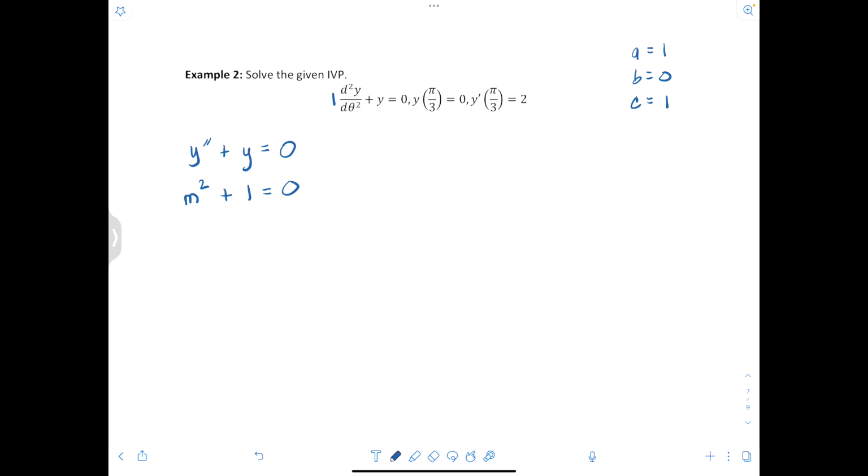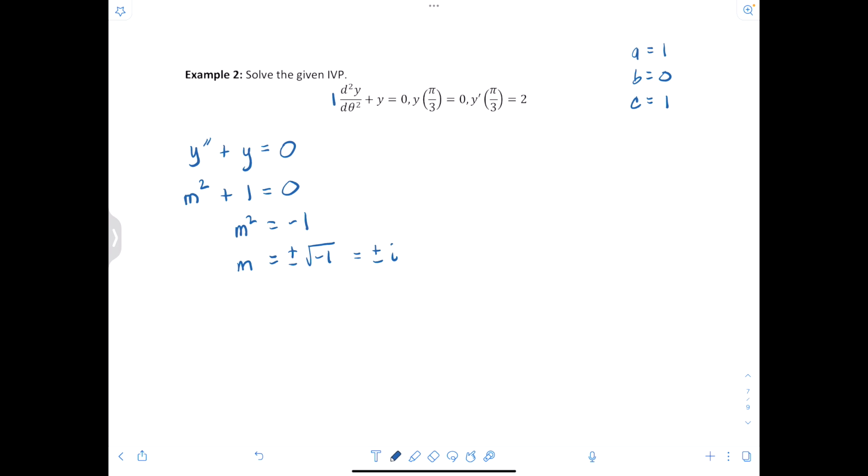So m squared is negative 1. And so m equals plus or minus the square root of negative 1, which is plus or minus i.